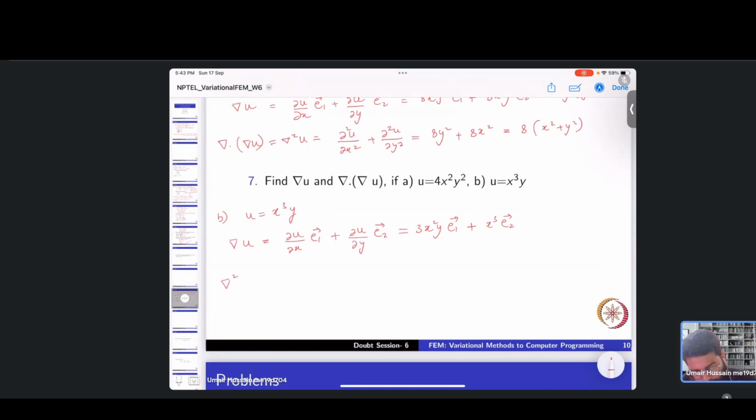Again the Laplacian of u is dou square u by dou x square plus dou square u by dou y square. So taking the double derivative of u with respect to x, we get 6xy. Then taking the double derivative of u with respect to y, we get 0 because the power of y is 1. So we get finally 6xy, the Laplacian of u.